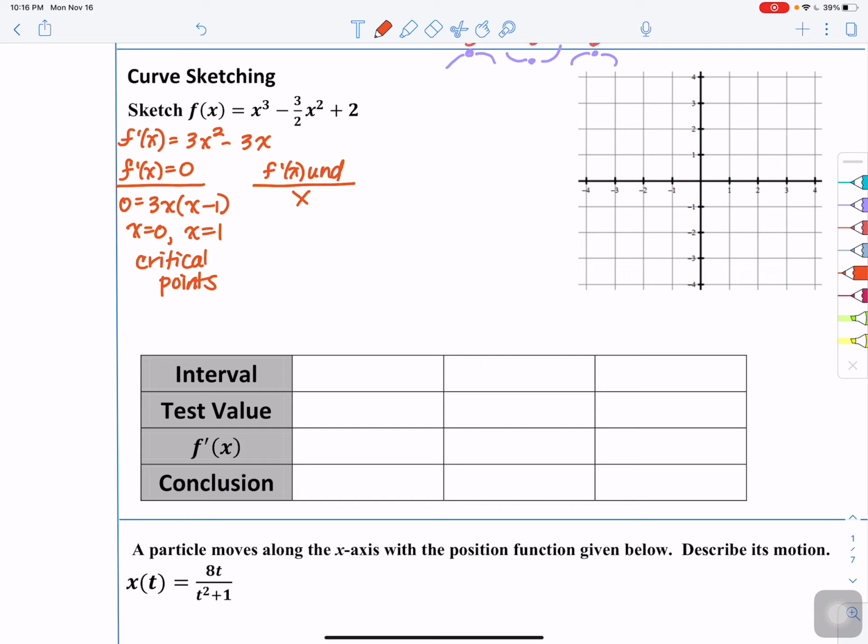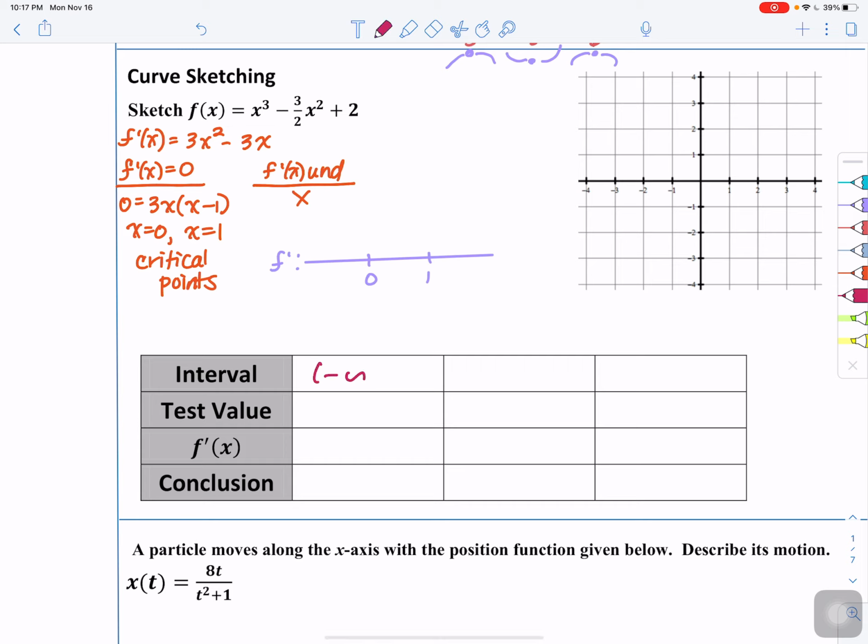Okay, so we have a chart below here, and then I'll go ahead and make a sign chart as well. Let me start with a sign chart. So here's our line. I'm going to put 0 and 1 here. And we can fill in this interval.